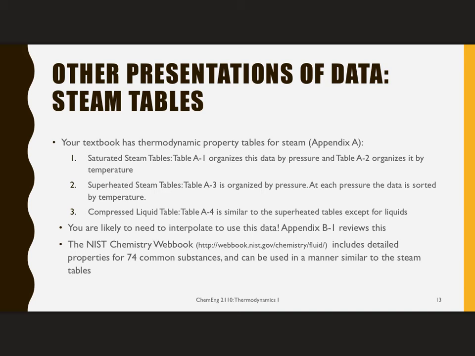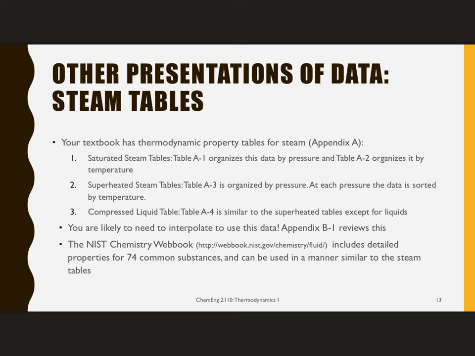Okay, now this data is not going to include every possible temperature and pressure combination, and so when we need a data point that isn't exactly an entry in the table, we're going to need to find the nearest points and use interpolation. This is covered in our textbook in Appendix B1, and we'll talk about it when we get there.